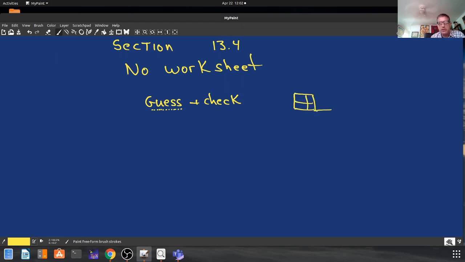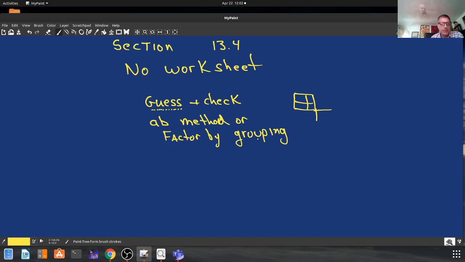This is just an easy way to guess and check. The other is called the A-B method, or sometimes known as factor by grouping. And I think just teaching you one method of factorization is fine.